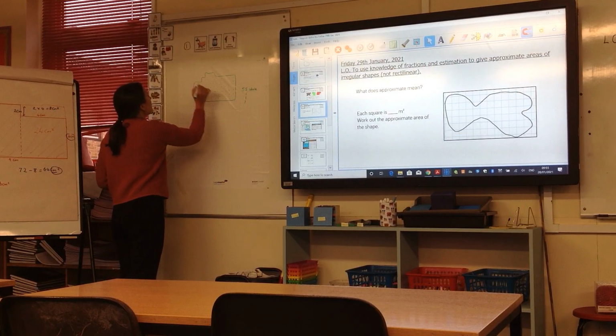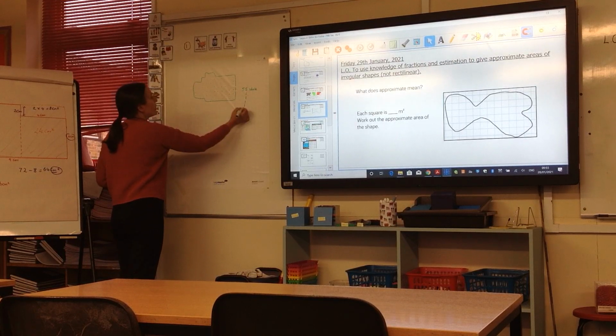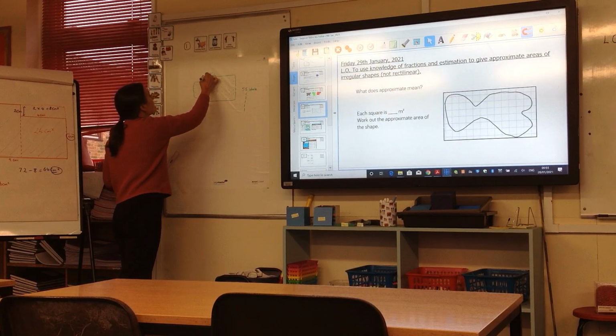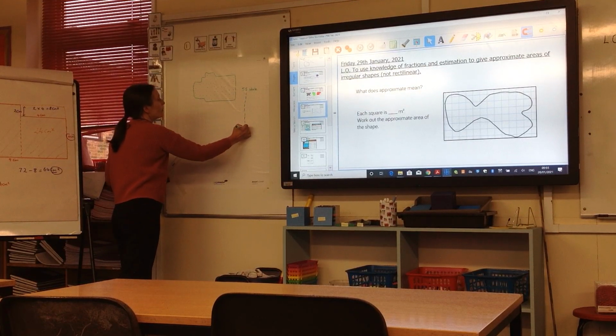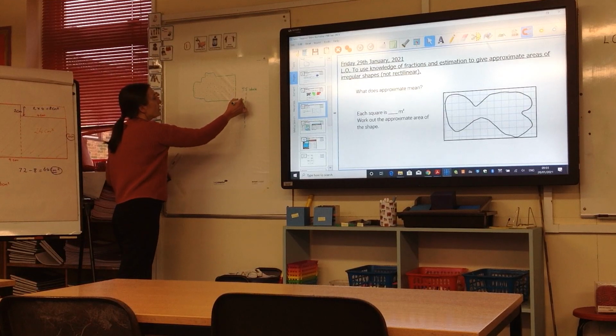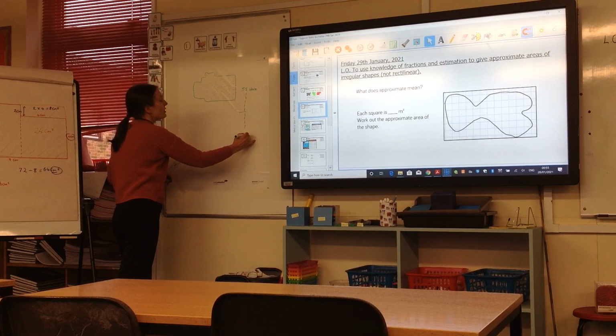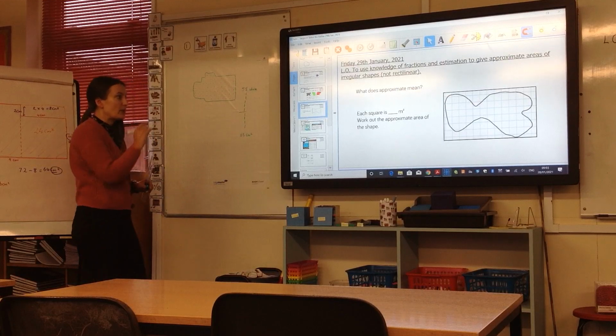This one and this tiny bit would make another whole. This one's almost a whole in itself. That's number 2. And then that one and that one together make another 2. So 55, 1, 2, 3, 4, 5, that's 60, 1, 2, 3, 4. So I think about 63 centimetres squared would be my area for my pond here.